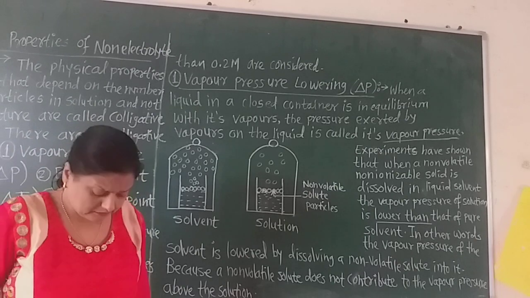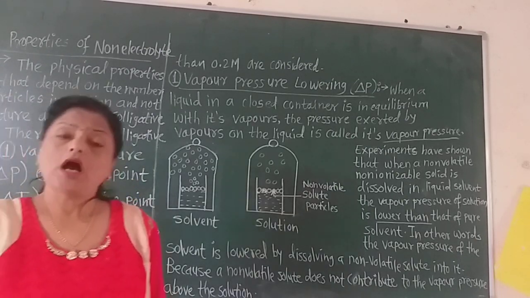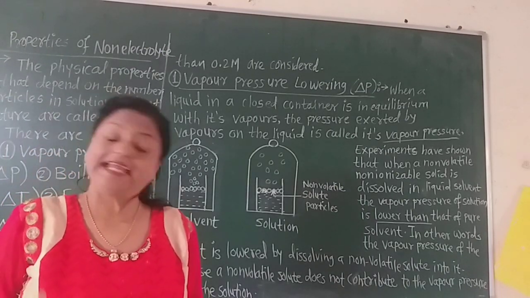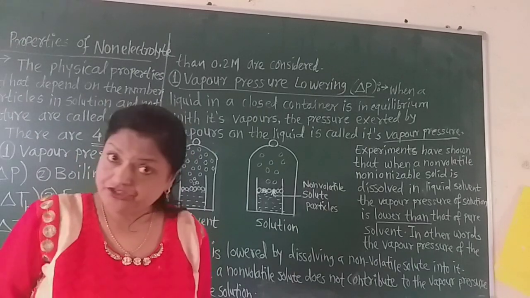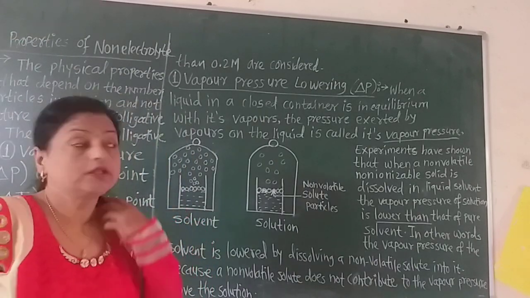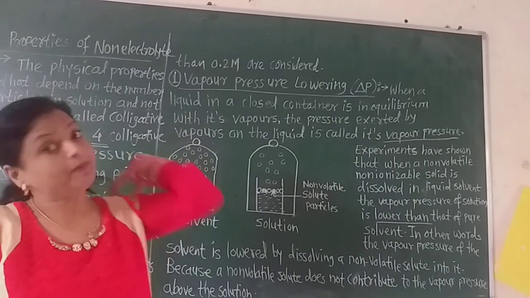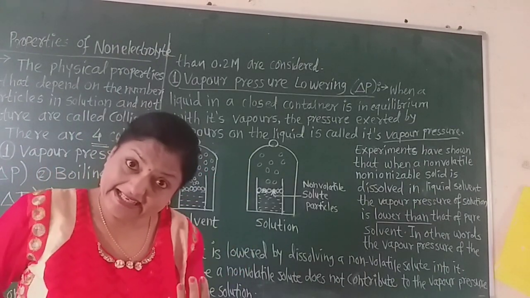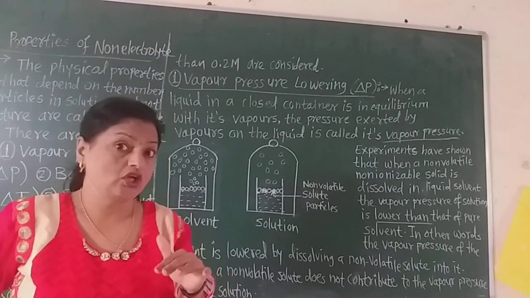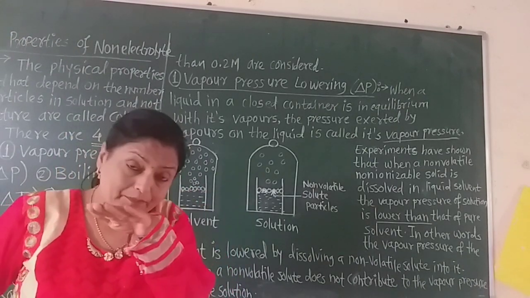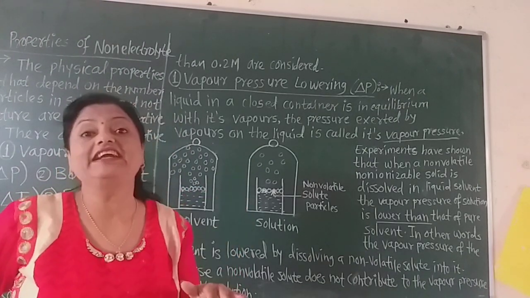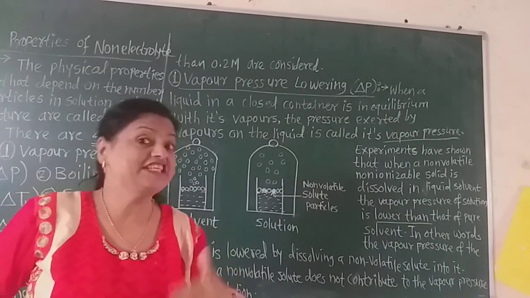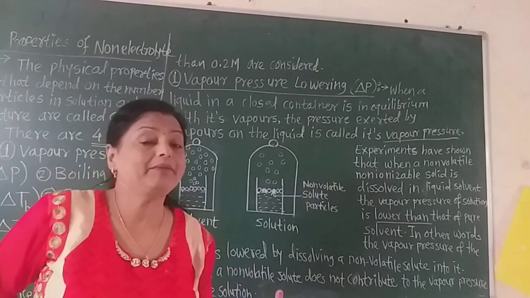Now students, first learn about the vapor pressure. In the 11th standard, I taught you about the vapor pressure. Now what is this vapor pressure? It is the pressure exerted by the vapors on the surface of that liquid when equilibrium is established. How is the equilibrium established?